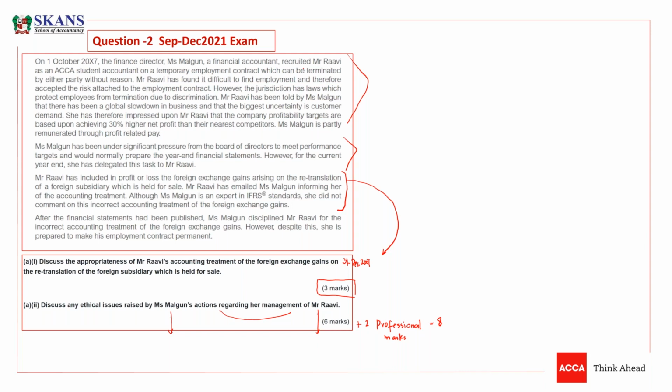Do you see any threat in these lines, guys? Termination without reason. It means it can be terminated. So Miss Malgan can terminate Mr. Ravi at any time.